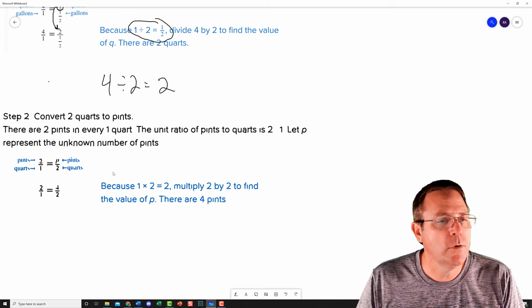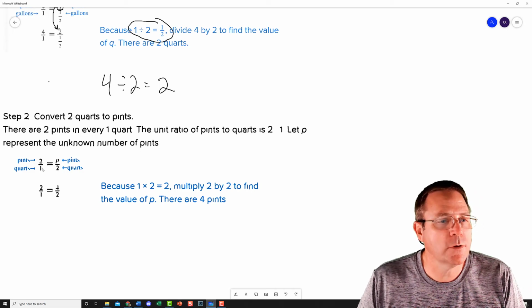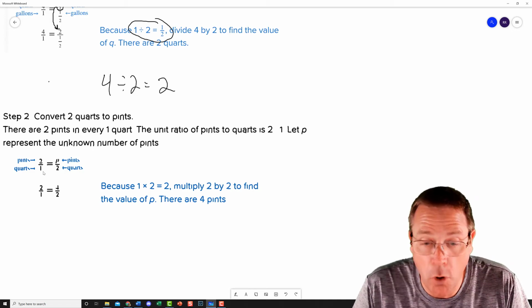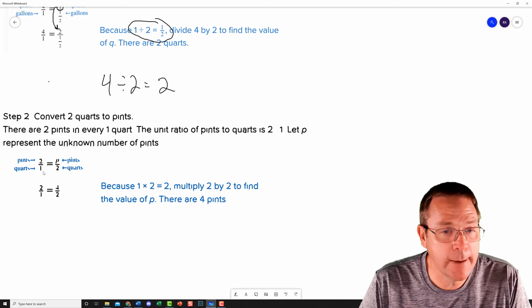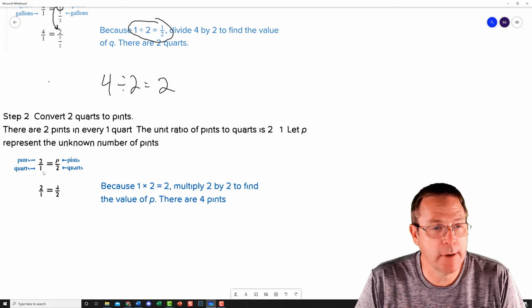And on step 2, you can see that they have the ratio pints to quarts. You've got 2 pints is equal to 1 quart. So some unknown number of pints is equal to 2 quarts. And yes, I totally get that you can do this in your head. You still have to be able to use big kid math and show us how it gets there.